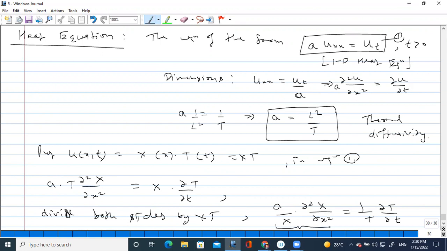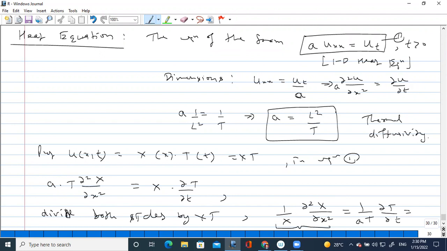Now one more thing we have to do. This a I will not keep here. I will keep it here, because it will give you a standard format of solution, and in every book the standard format of solution is like this only, that this a is here. No problem in that, because this is independent and purely a function of x.